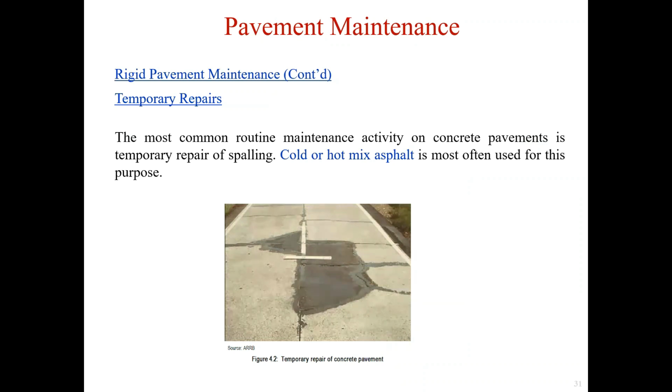Cold mix or hot mix asphalt is often used for this purpose. It is important to clean out the spalled area, apply a tack coat to all surfaces, and adequately compact the asphalt to prevent loss of the temporary repair under traffic.